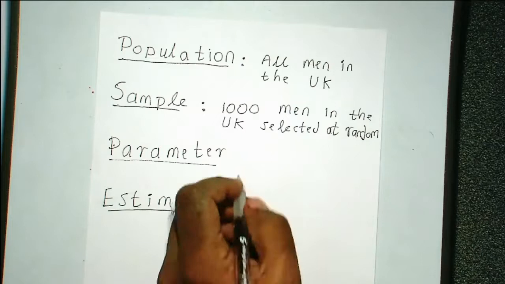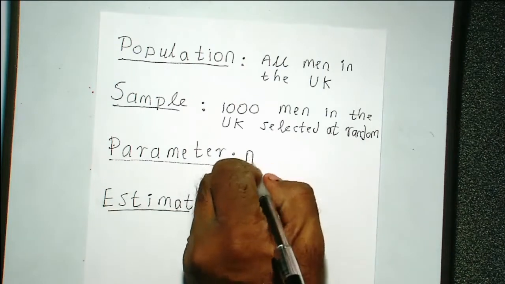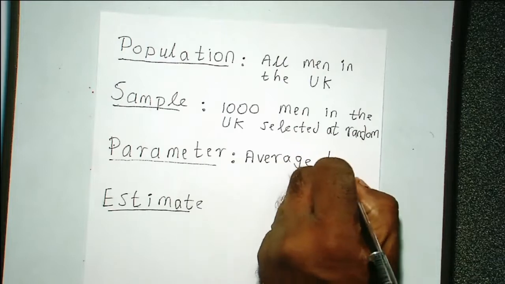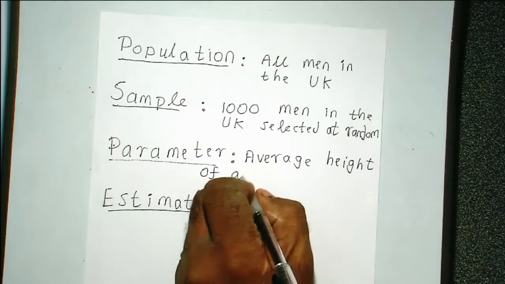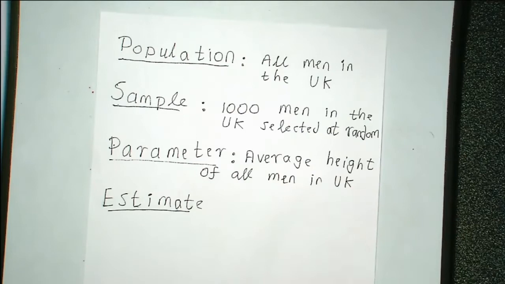A parameter is something that you're interested in. For example, an example of a parameter could be the average height of all men in the UK, which is kind of impossible to measure because there are millions of men in the UK.